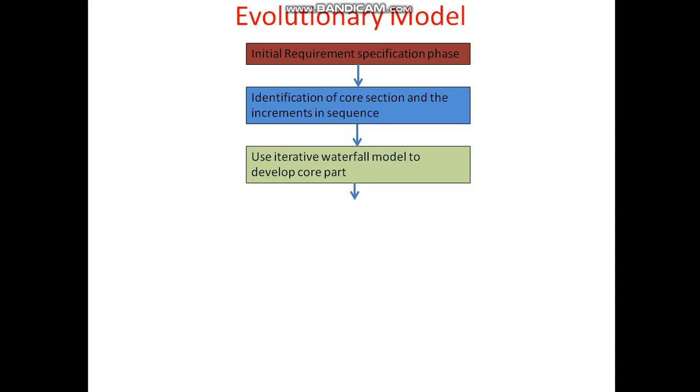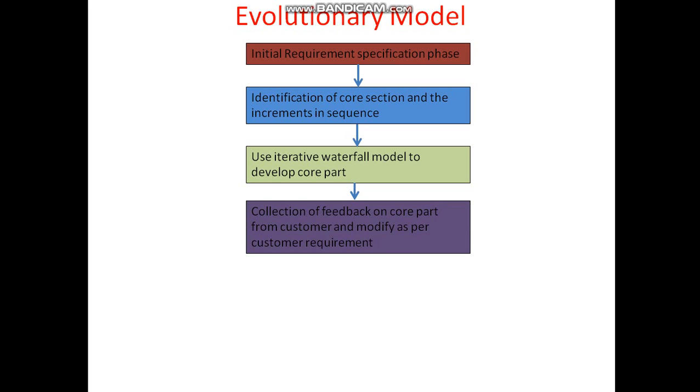Then we collect feedback on the core part from the customer and modify it as per customer requirements. That functionality is developed independently and given to the customer for further feedback or suggestions.